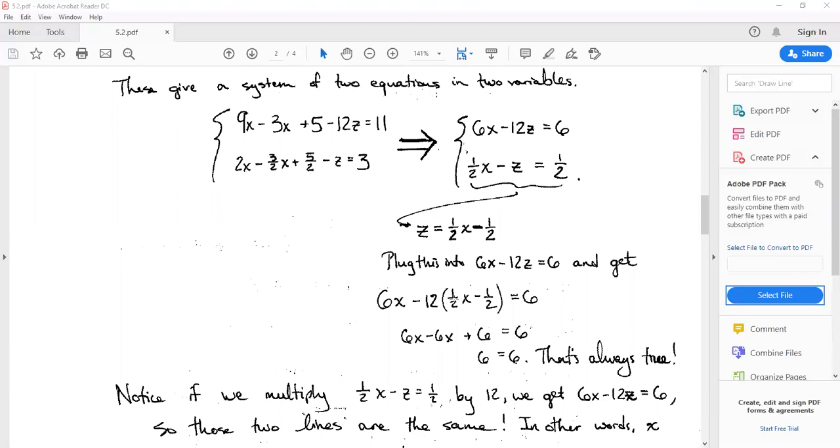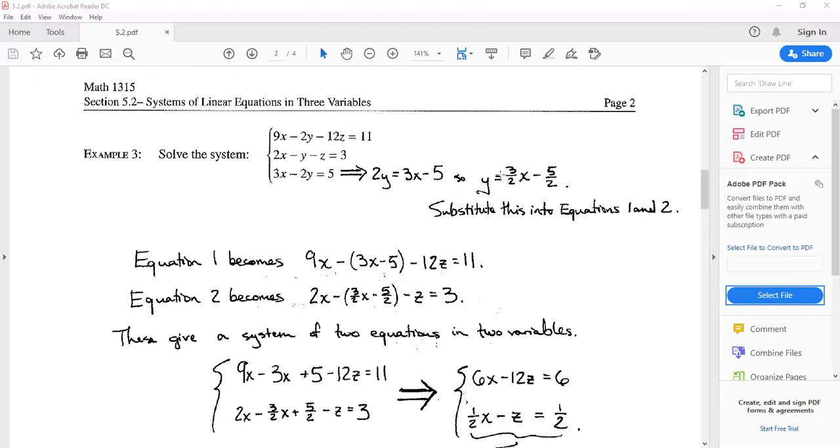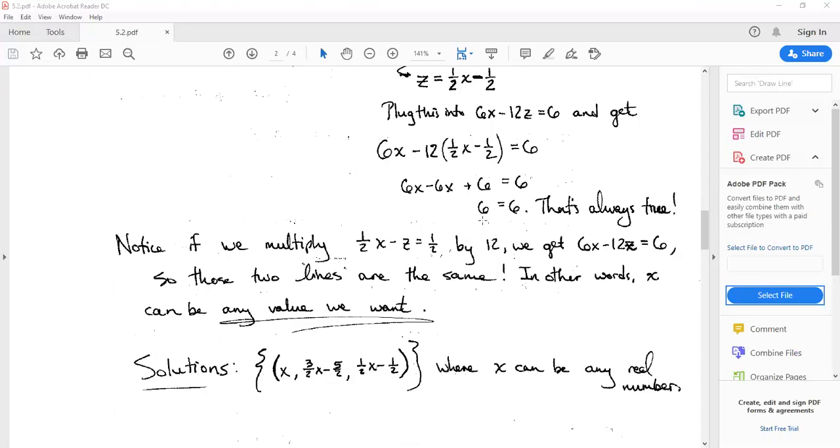So you can let x be any real number, and from there, you'll get that z has to be 1/2 x minus 1/2, and y has to be 3/2 x minus 5/2. So our solutions here are now the set of triples where x is any real number, and then for that x, y is 3/2 x minus 5/2, and z is 1/2 x minus 1/2.